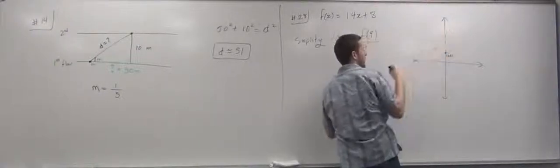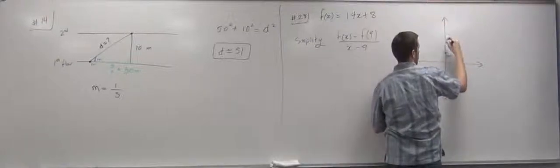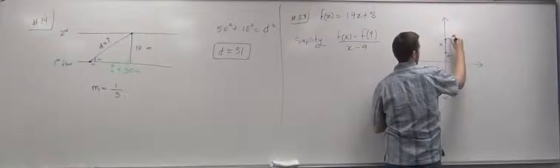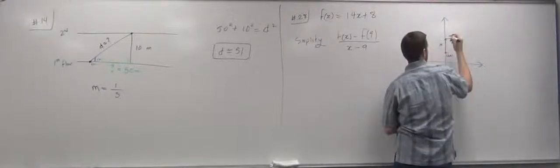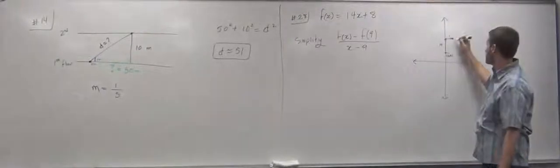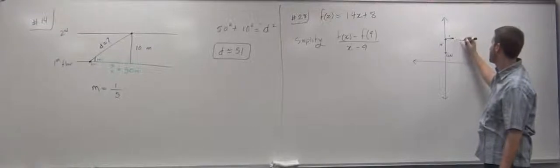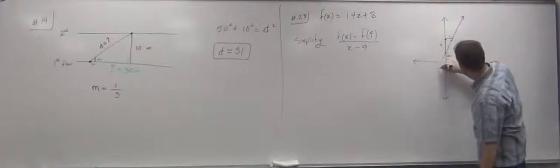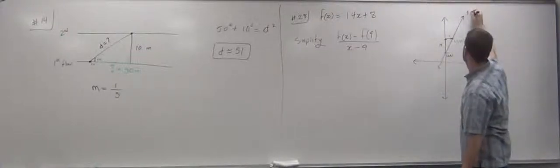Then I go up 14 over 1. I get another point, which in this particular case would be 122. And then I would draw this line. So this is my function.